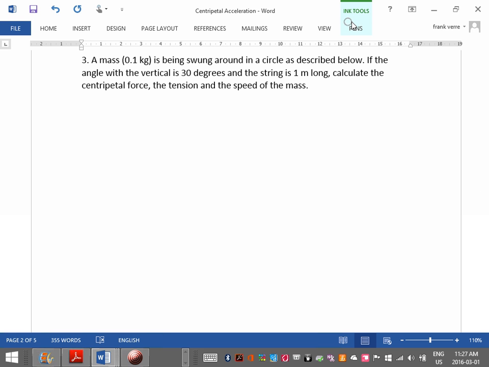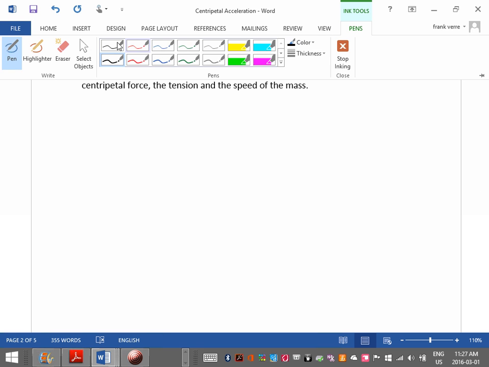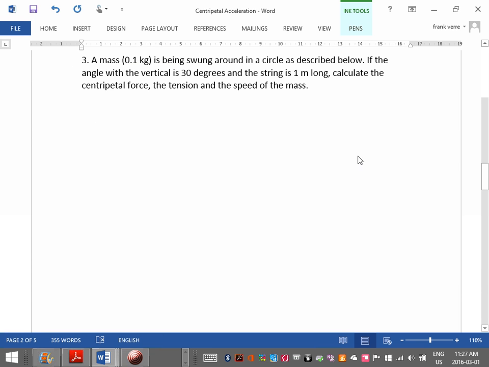We are going to look at an object that is rotating around a point. The angle theta is 30 degrees, and we have a mass of 0.1 kilograms.